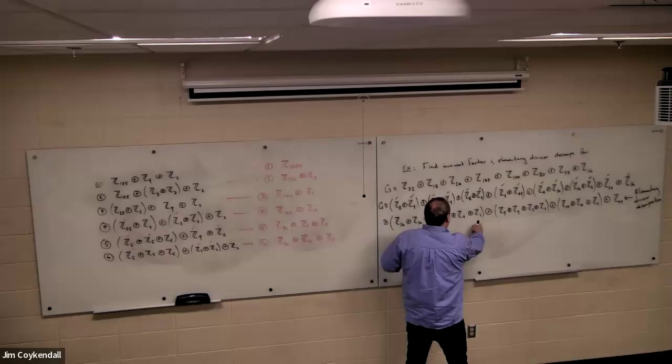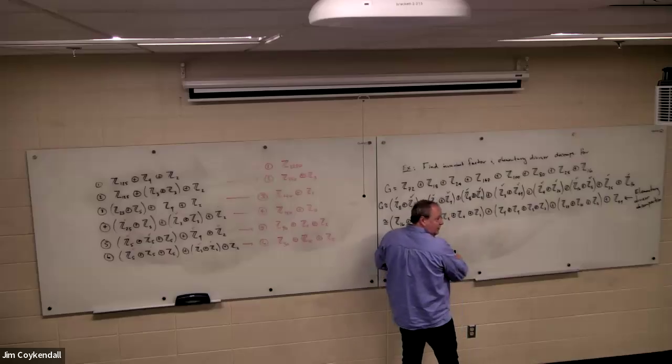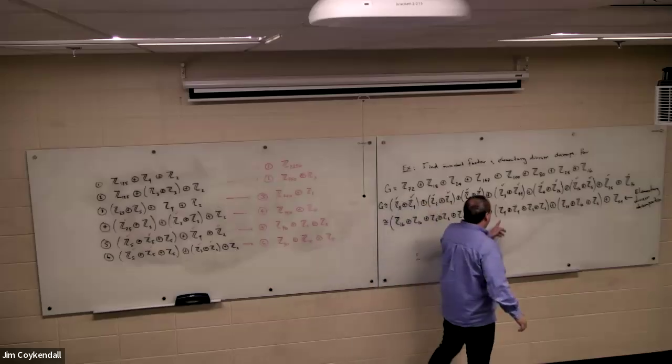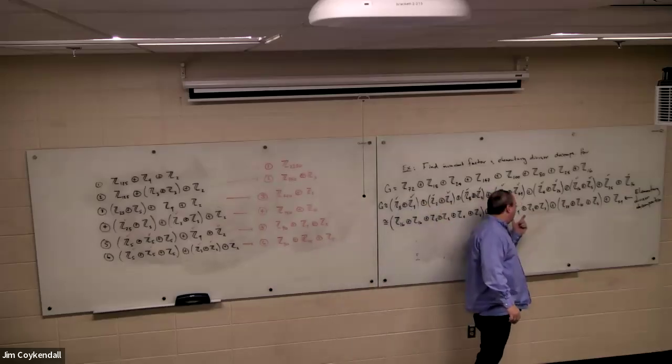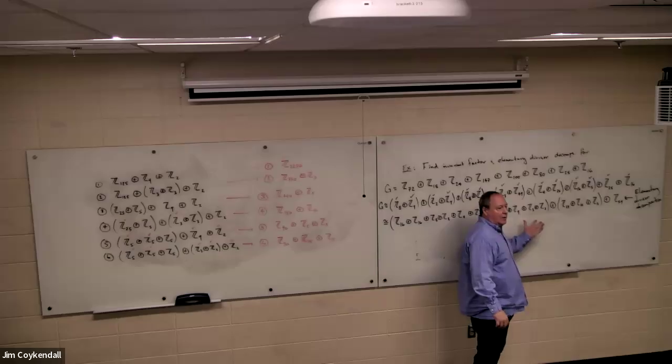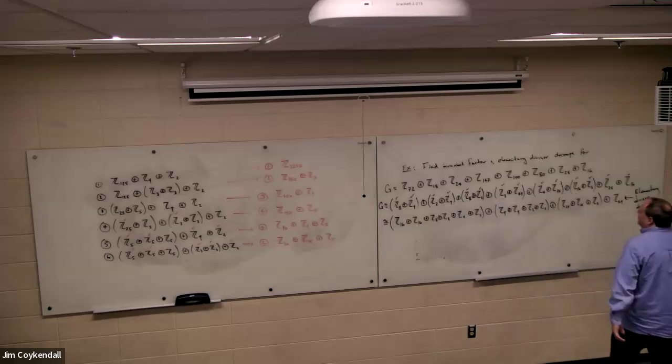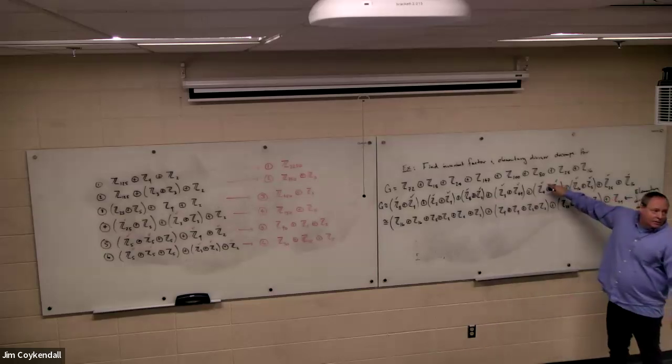For the prime 2, I have this decomposition like this. Here's the prime power subgroups. Notice every little piece here is a prime power, and that's what I wanted to get. That's essentially what the elementary divisor decomposition is. In fact, at this point right here, it's an elementary divisor decomposition.